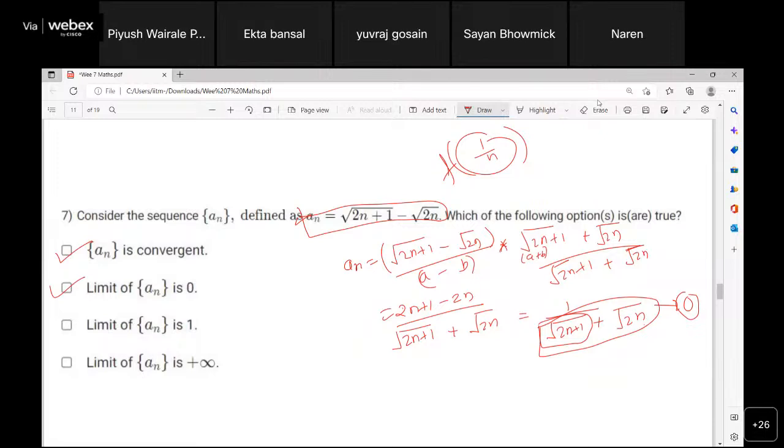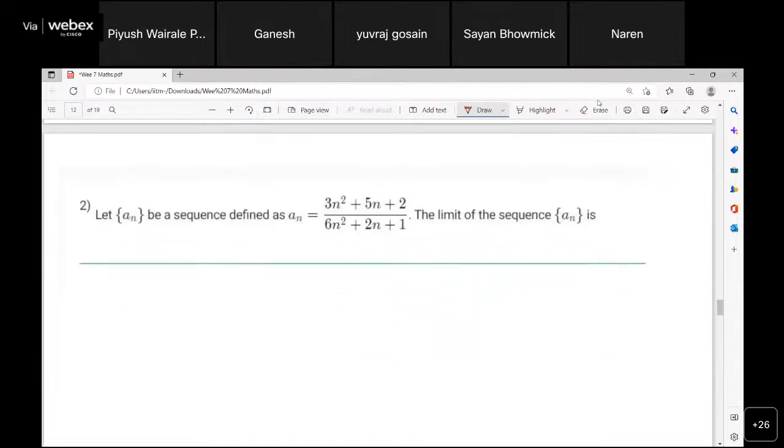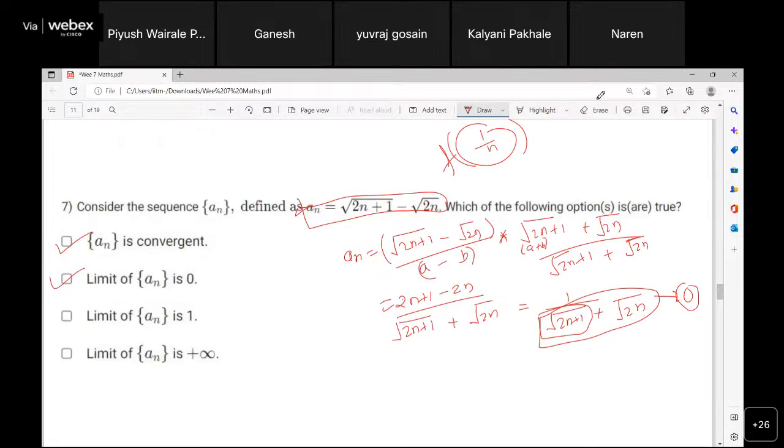Any doubt in this part? No, sir. When will an be convergent? If I find the limit as n tends to infinity of an, and this limit tends to any particular value, then I can say that an is convergent.